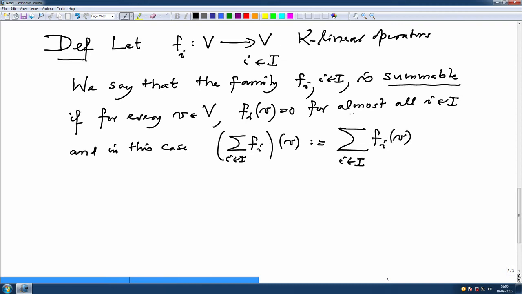Because of our assumption that it is 0 for almost all i, this sum makes sense. So, therefore, this symbol, summation Fi, i in I, is an operator again, a k-linear operator.